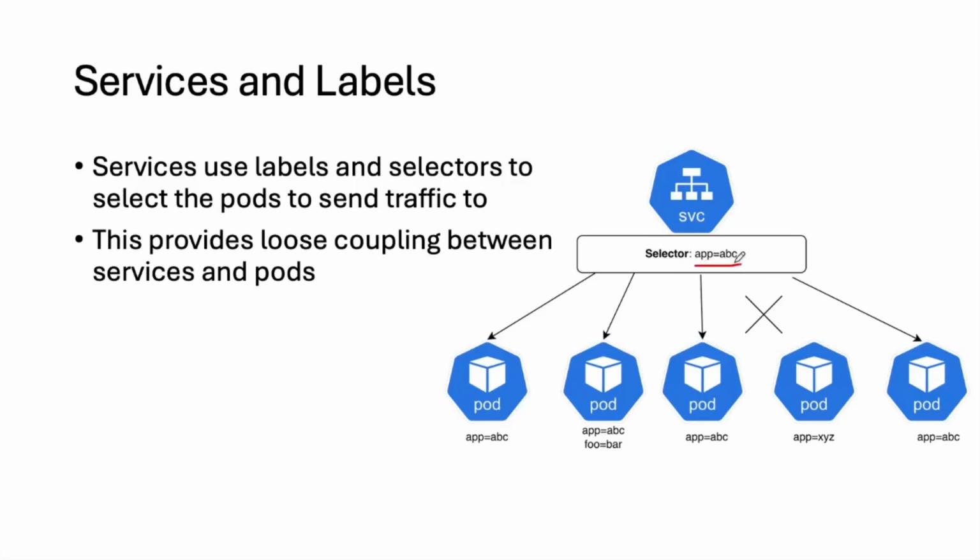And when the request comes, the service will route the request to any pod with this label, and this as well. And this is to represent the loose coupling that is implemented through the labels. Here, this pod also has other labels, but that doesn't matter as long as it has the label that we have specified in the selector. Traffic would be sent. And this is an example of a pod to which traffic would not be sent because the labels are not matching.